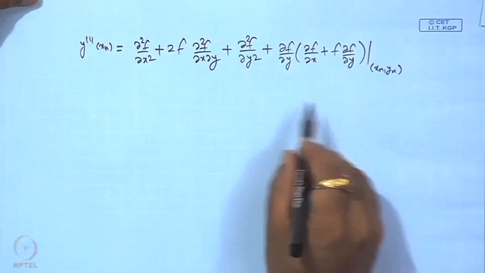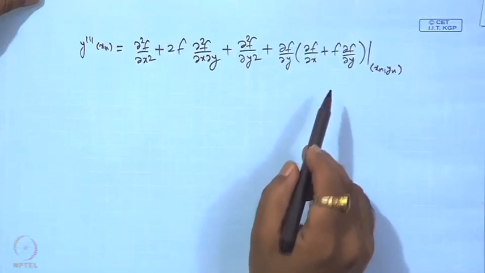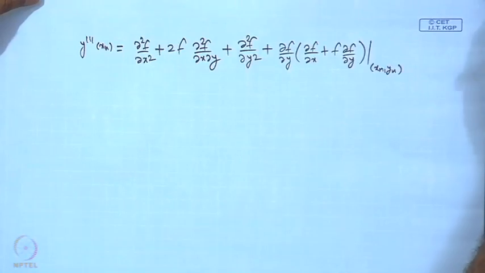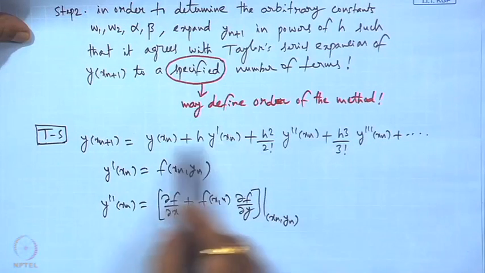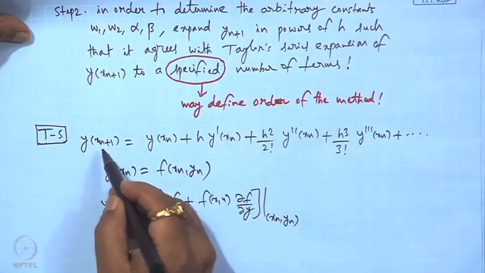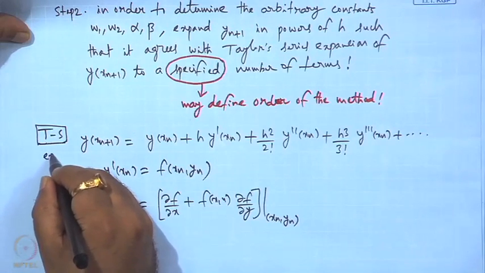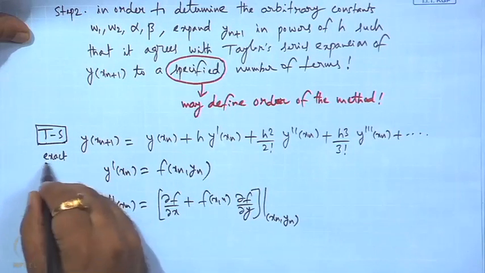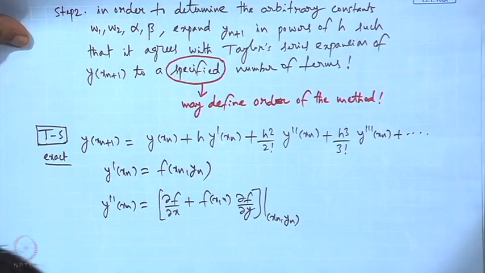So, as I mentioned, this is slightly complicated. Okay. So, we have the Taylor series, this is supposed to be the exact. Okay. So, this is for the exact.